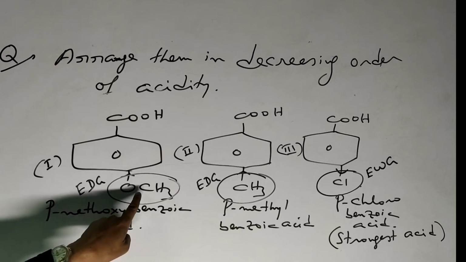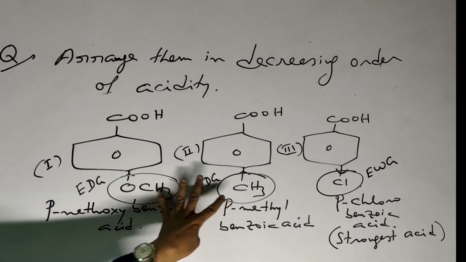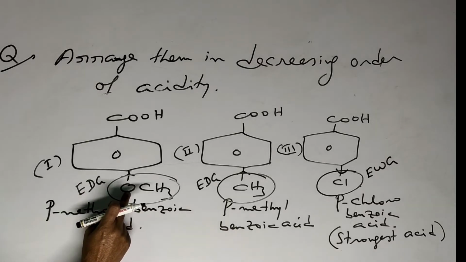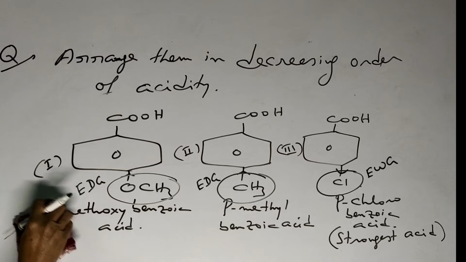And it has also electron donating nature. Now see, if an electron donating group is present, the acidity decreases, you know. Which one has more electron donating nature? That acid is the least acidic. This methoxy group donates electron, okay.